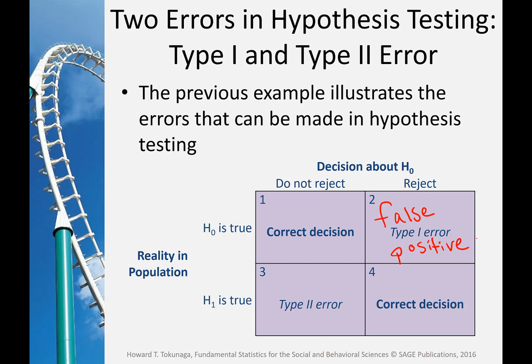We've picked up the thing that we thought exists, and it turns out it does exist. But what if the effect exists and you don't find it? You've missed it. That's a false negative. We call that type 2 error.